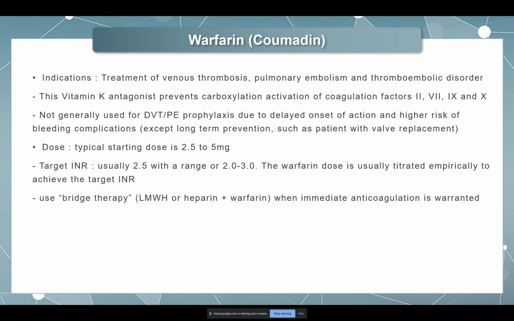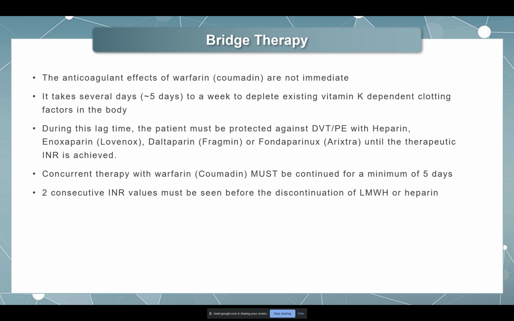And you have to use bridge therapy, like Dr. Virus already mentioned. Because the effect of Warfarin is not immediate, it takes around several days to 1 week to deplete the existing vitamin K. During this time lag, usually we have to protect the patient with either Flexin or Fonda before we discharge the patient on Warfarin.